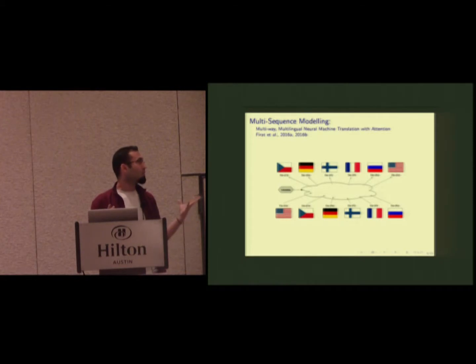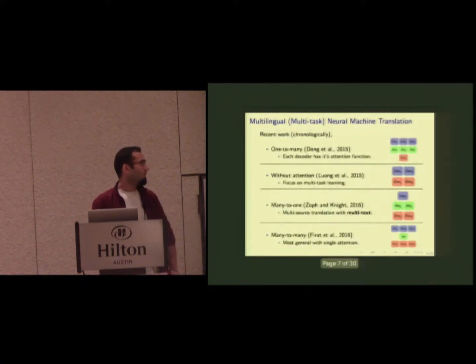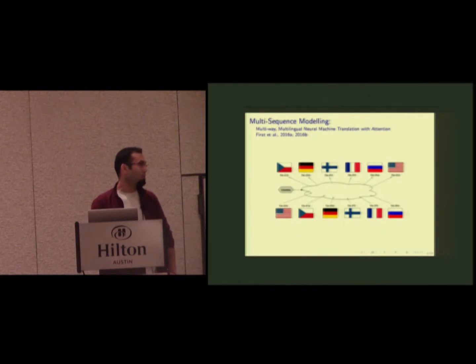It was stating that a multi-sequence, multilingual model can be modeled by using a shared attention module. Why is that? Because think about it: you increase the number of blue boxes and red boxes. How are you going to scale up with the number of green boxes, the attention function? So they proposed using a single attention function to model the interlingua, the cloud in between all the languages.